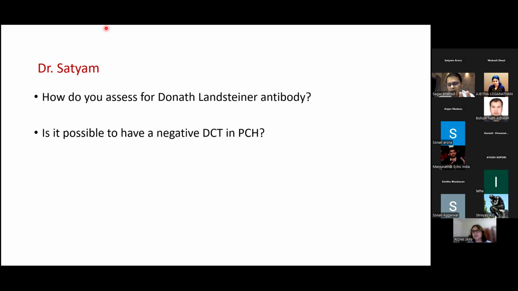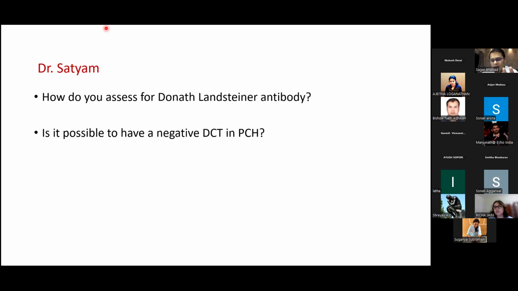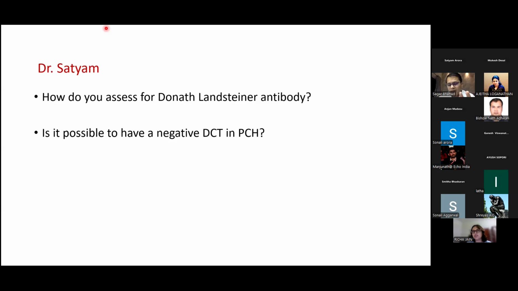Right. Dr. Satyam, would you like to comment on that, and also on assessment for PCH with Donath-Landsteiner antibody? Yes, ma'am. The monoclonal DCT cards now have an option of detecting an IgA antibody-induced DCT, and we have actually published a case of IgA-induced AIHA, negative on routine testing, which we were able to pick up because of high clinical suspicion.